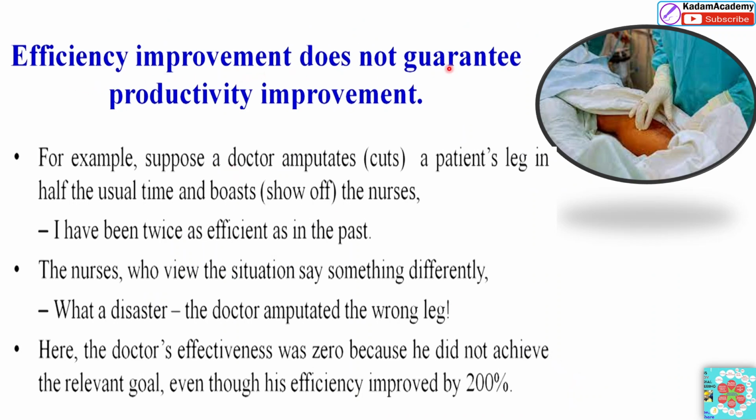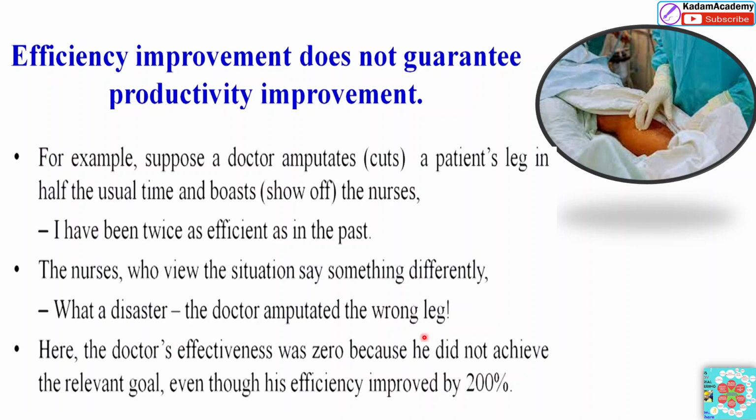So friends, we see one example here. Efficiency improvement does not guarantee productivity improvement. How? Suppose a doctor amputates, means cuts, a patient's leg in half the usual time, and boasts to the nurses, I have been twice as efficient as in the past. The nurses who view the situation say something different: what a disaster! The doctor amputated the wrong leg. They wanted to amputate the right leg, but he amputated the left leg.